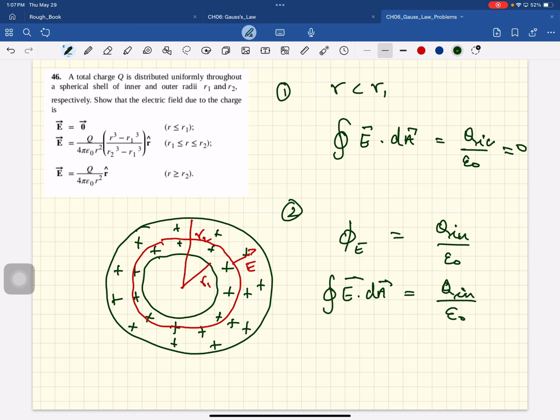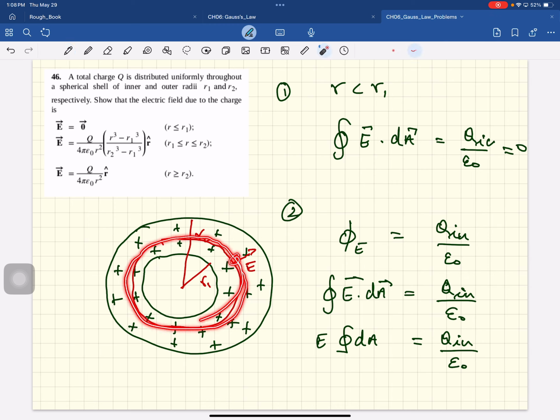This field has the same magnitude and it's constant, so we'll pull it out, and all these area elements add up to the surface area of the sphere, where R is the radius. So this is E times 4 pi R squared equal to Q inside by epsilon naught.